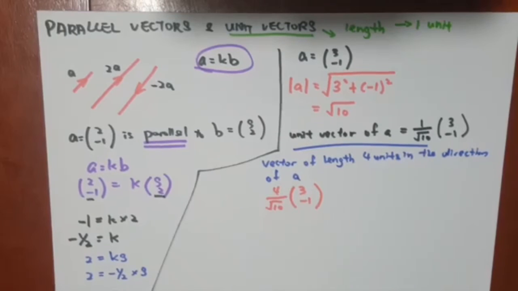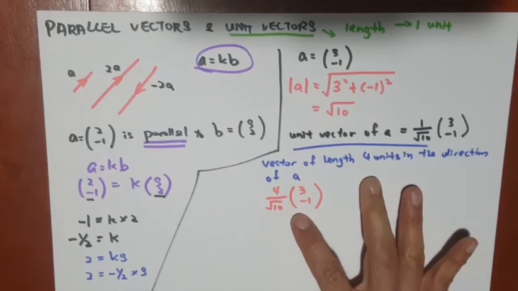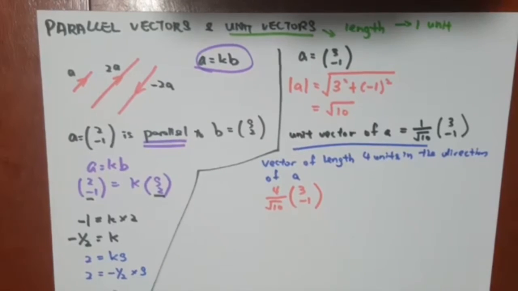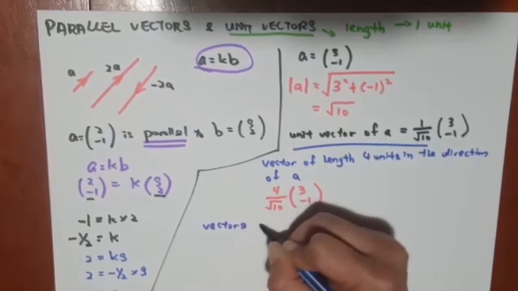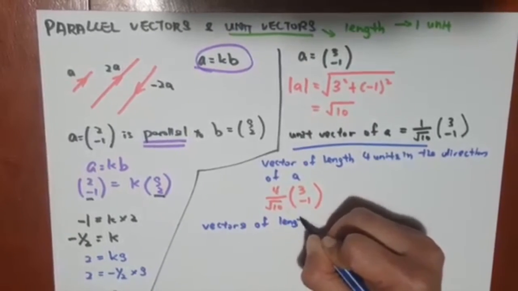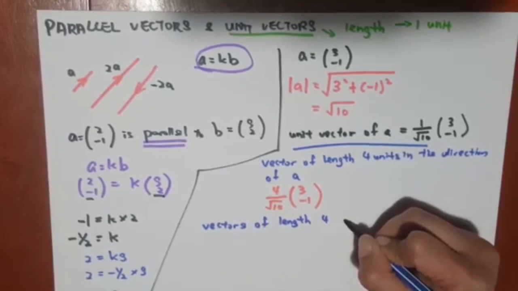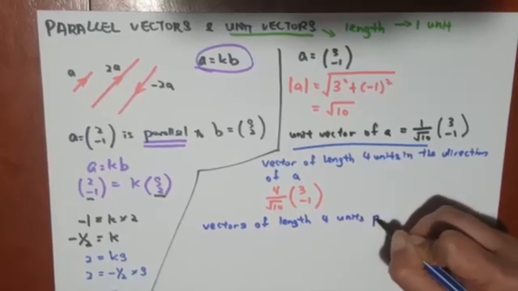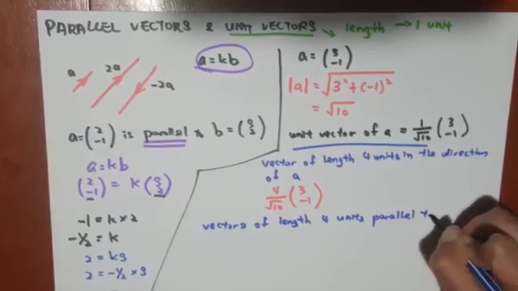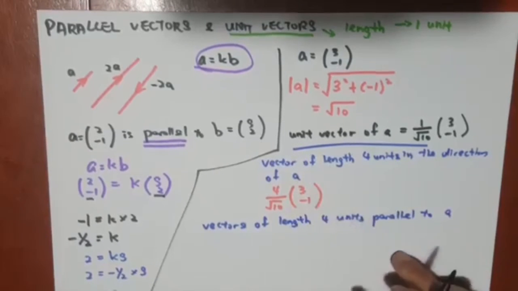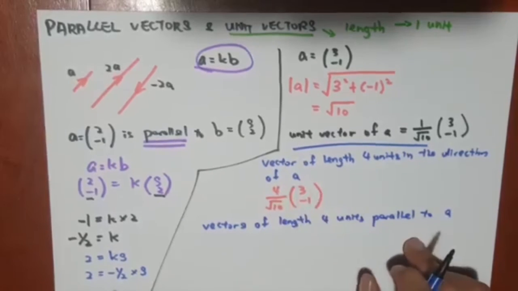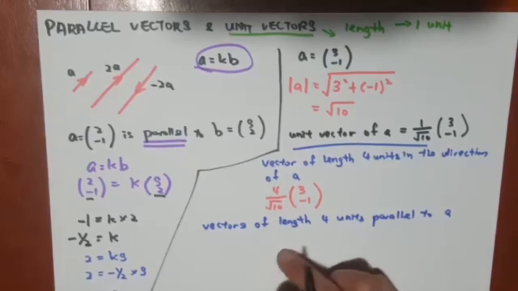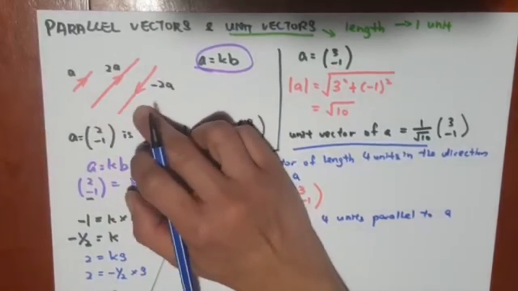If we want to find vectors of length 4 units which are parallel to A, you can see that these two questions are different, because the previous one is in the same direction as A. Parallel could mean it's in the same direction or it's opposite in direction.